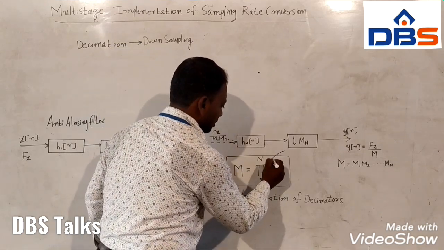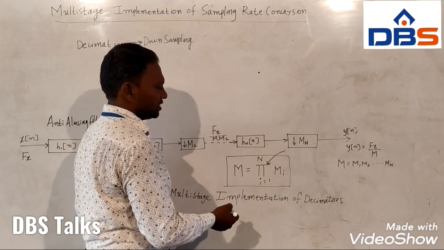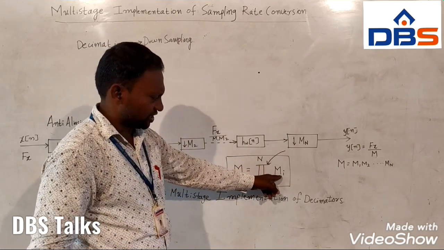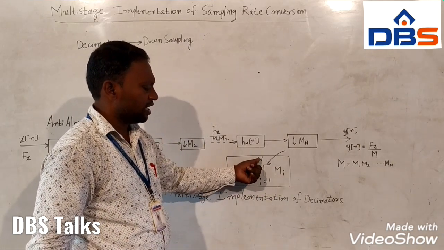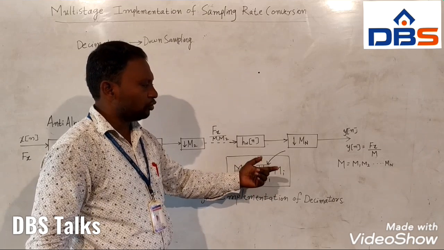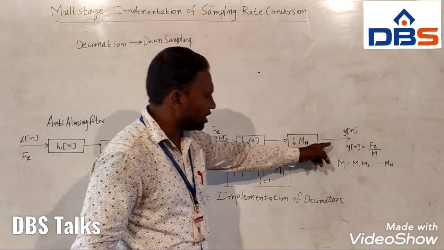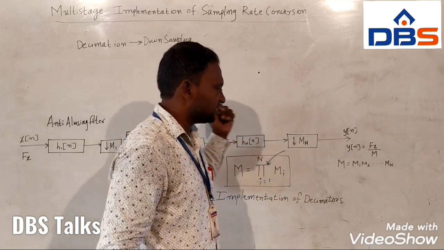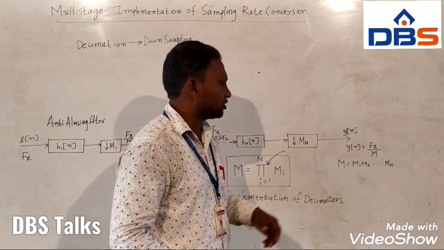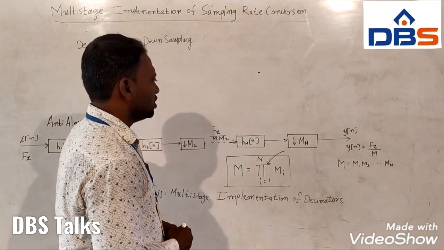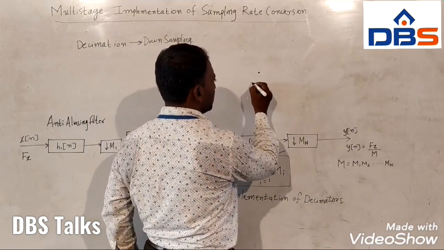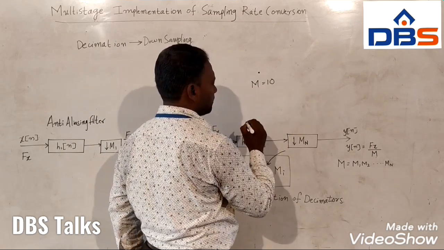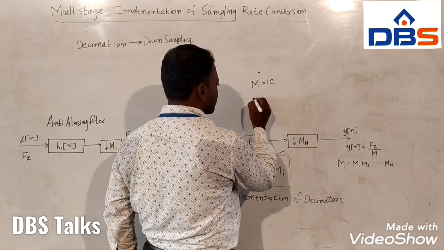After H2n, the output is passed through the second decimator, and then you get Fx by M1 into M2. Like that, the last stage has Hn of n as the last stage anti-aliasing filter and Mn as the last stage decimator.